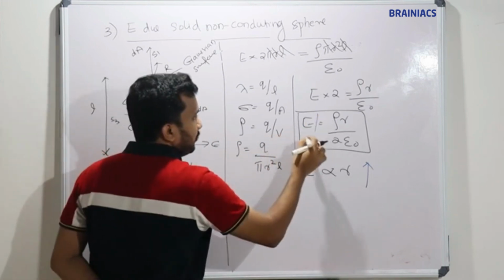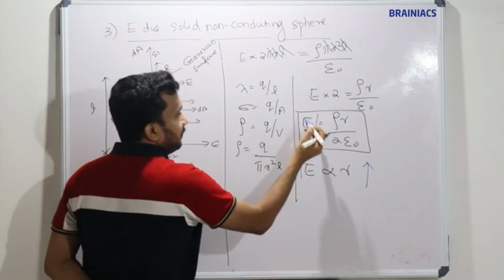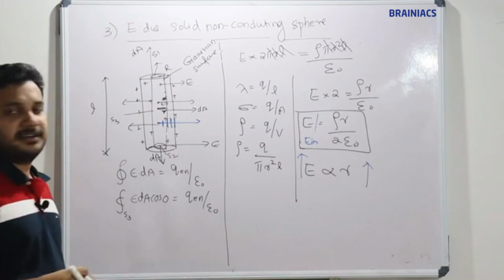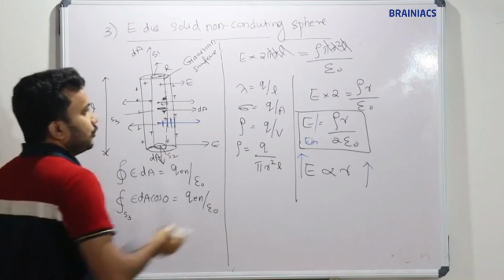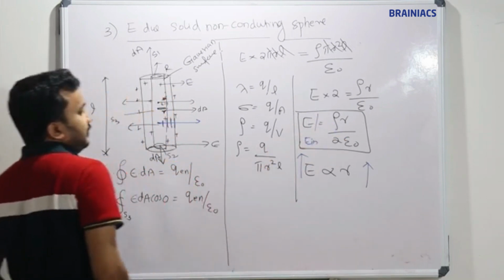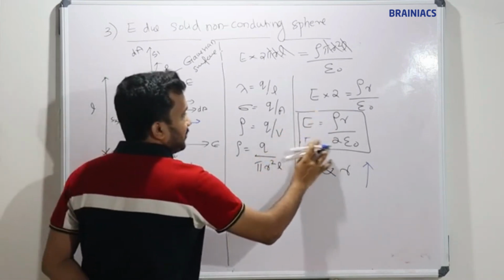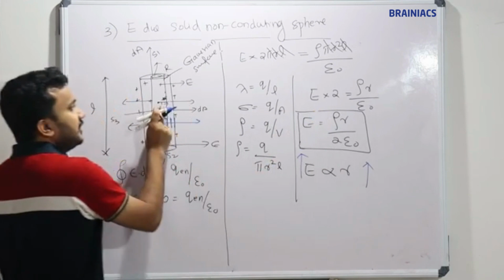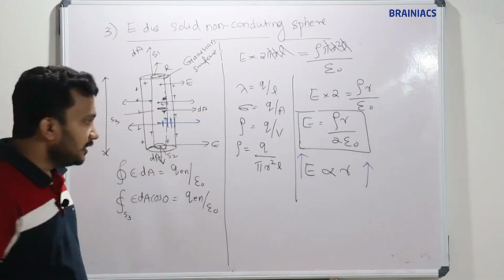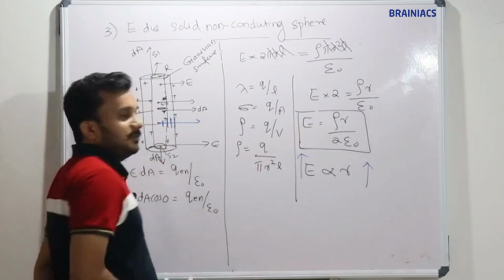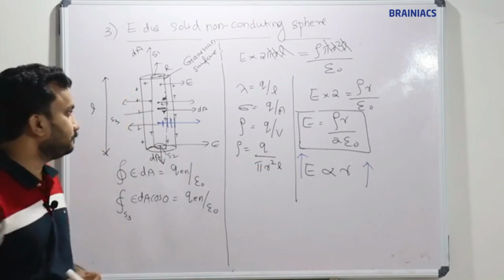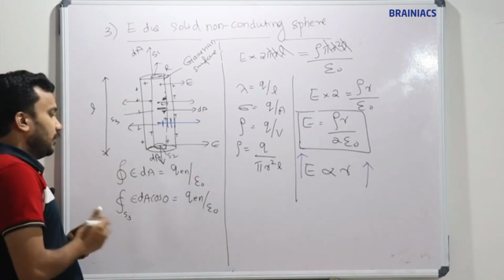More specifically, you can also write it as E in, equal to rho r divided by 2 times epsilon 0. Just for your understanding, E in represents the inside electric field.